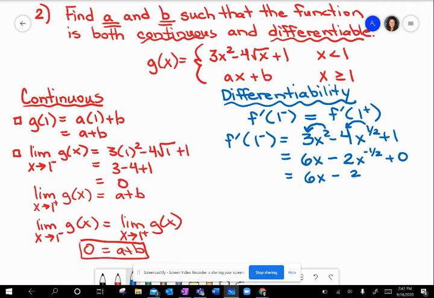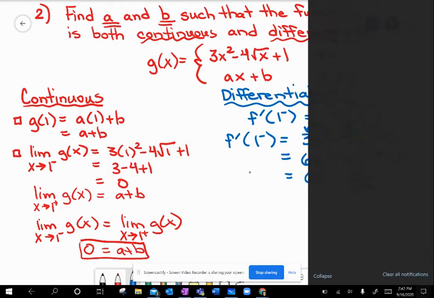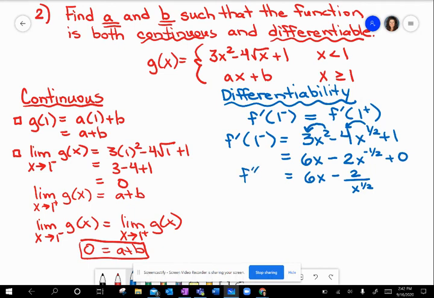So whenever we have a negative exponent, we know that means it has to be its reciprocal, so it goes in the denominator. So we want to find the derivative at 1. So now I'm going to plug in 1. 6 times 1 minus 2 over 1. So that means the slope of this function is 4 at 1 from the left.